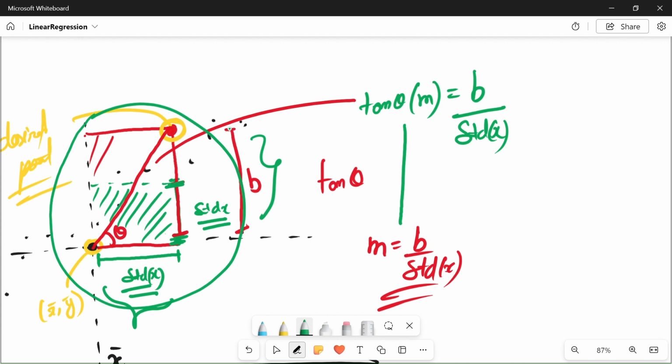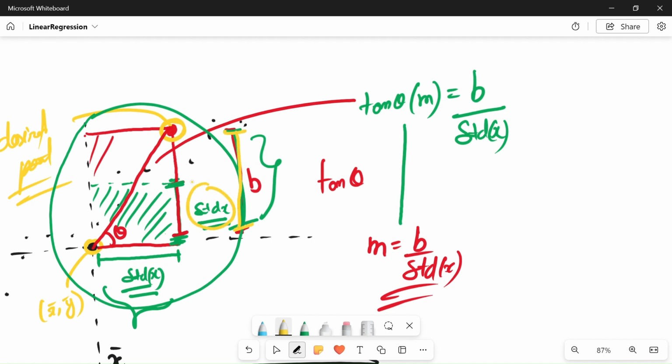Therefore, this value b upon standard deviation of x can be assumed to be this side or even this side. Nobody is stopping you from doing that. So if you focus on this side, then we have our first perspective.